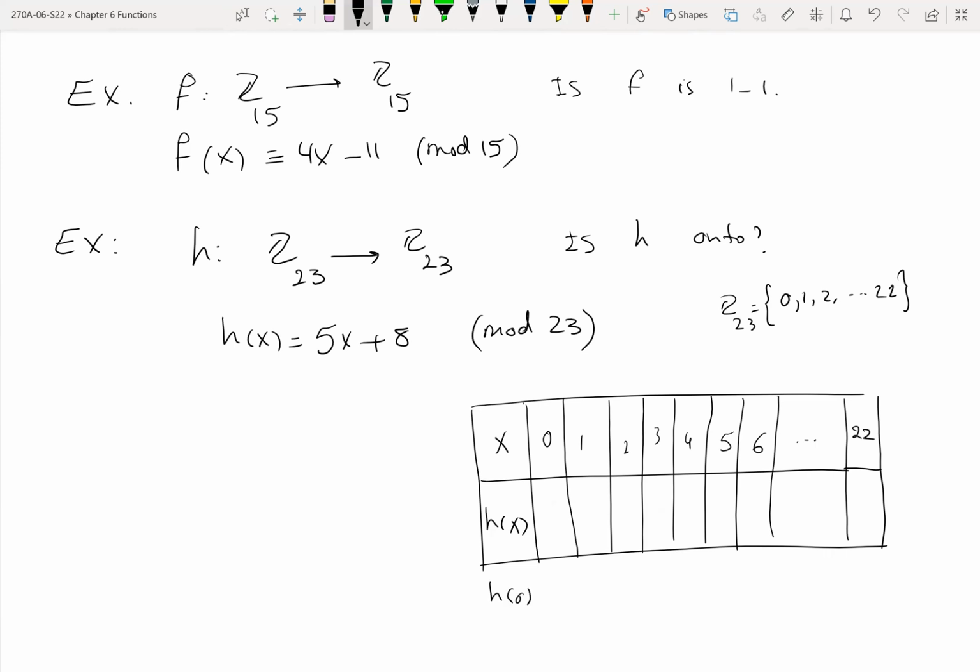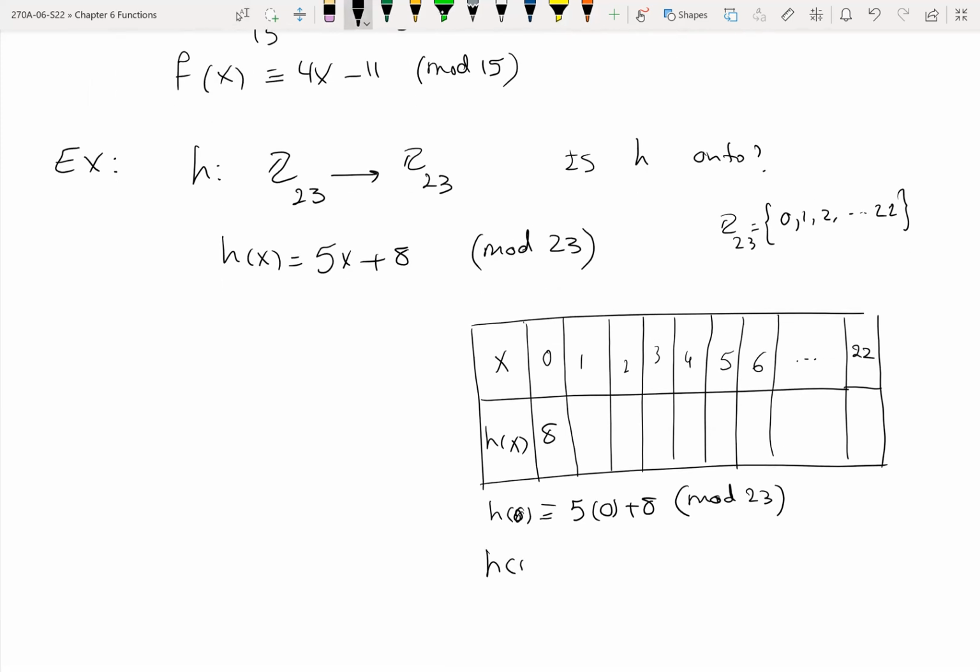Then h of 0 is going to be 5 times 0 plus 8 in mod 23, so that's 8. h of 1 is 5 plus 8 in mod 23, which is 13. h of 2 equals 5 times 2 plus 8 in mod 23. So that is 18 for now.